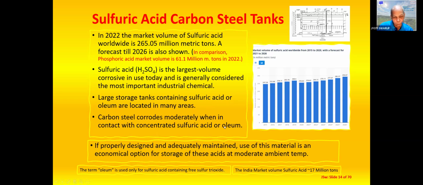Carbon steel corrodes moderately when in contact with concentrated sulphuric acid or oleum. Dilute sulphuric acid is more corrosive than concentrated sulphuric acid. If properly designed and adequately maintained, the use of carbon steel is an economical option for storage of these acids at moderate ambient temperature, especially for large sized tanks.